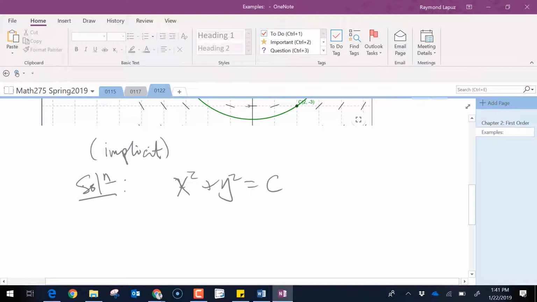And it'll be a family of curves, a one parameter family of curves. So it's going to be x squared plus y squared equals some constant c.